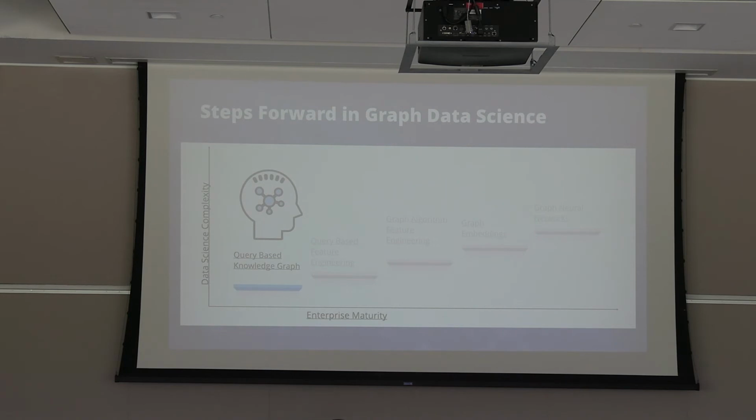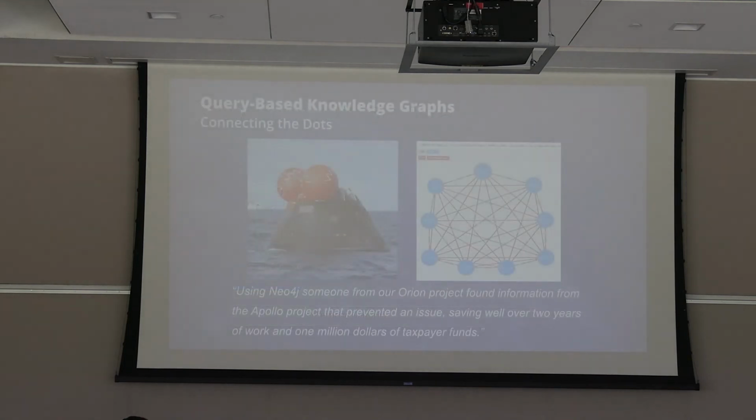There have been a lot of these out for several years. This stuff is tried and true by now. You have a ton of vendors using knowledge graphs to tackle search and valuable information types of problems. The one we really like to talk about, and one I absolutely enjoy sharing, is from NASA. I'm a long-term astronomy fan. Back in 2012, NASA was getting ready to handle the Orion project.